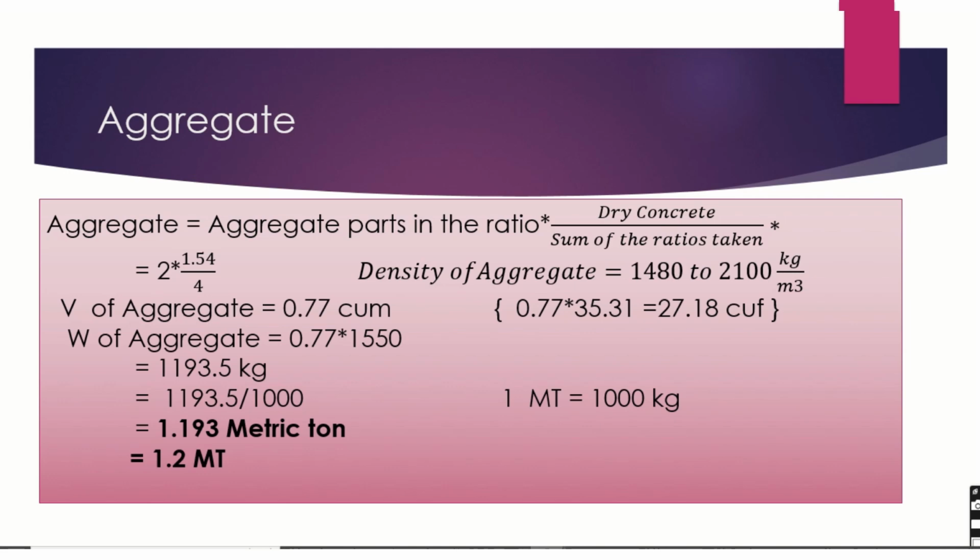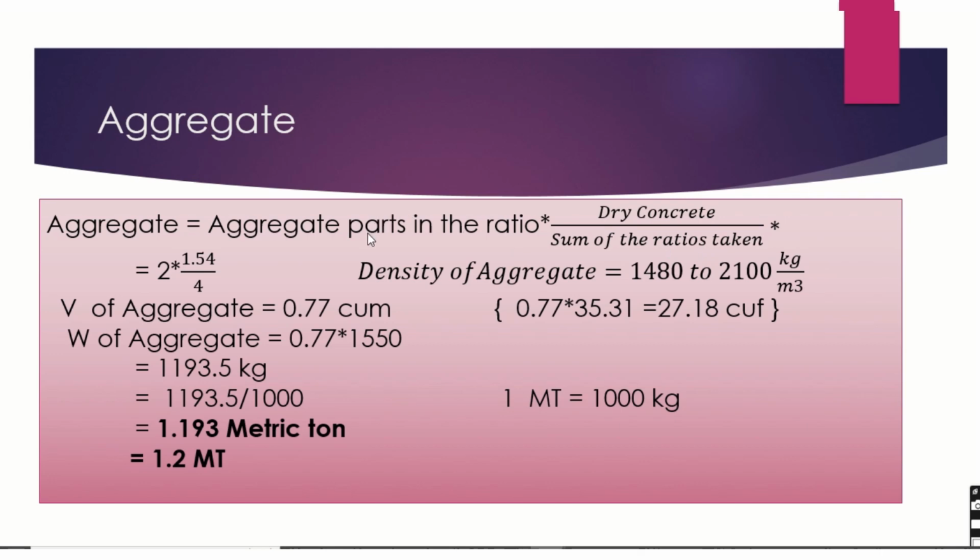Now we are going to calculate the quantity of aggregate that is required for 1 meter cube of concrete. Here also, aggregate quantity is equal to aggregate content in the ratio times dry concrete, divided by the sum of ratios taken.